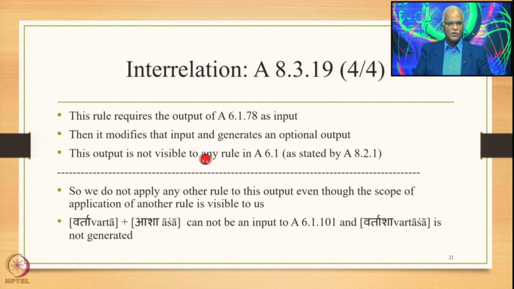So in varta asha, where you have a followed by a, which is the scope of application of 6.1.101 akah savarne dirghah, we still do not apply 6.1.101 and do not generate vartasha. This is not generated. This is not desirable. This is very important as far as the interrelation between 8319 and 6178 is concerned.